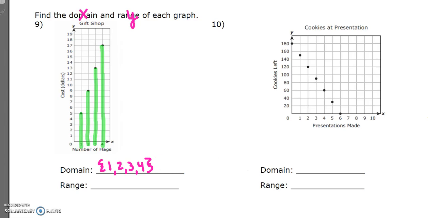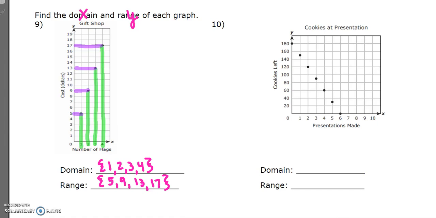Now, if we want to do our range, we're going to go just the opposite direction towards the y-axis, which are my y values. So this would be 5, this would be 9, this would be 13, and this one would be 17. So again, let me write that down. So we had 5, 9, 13, and 17.